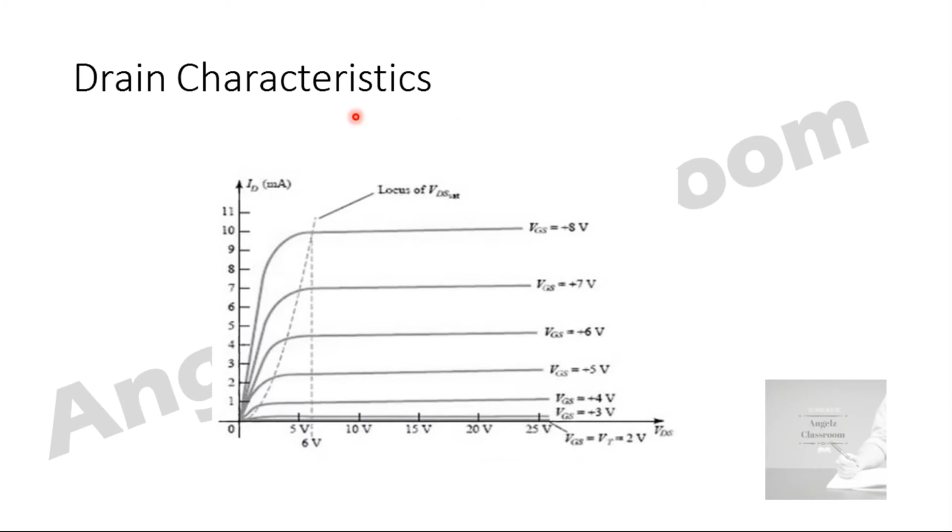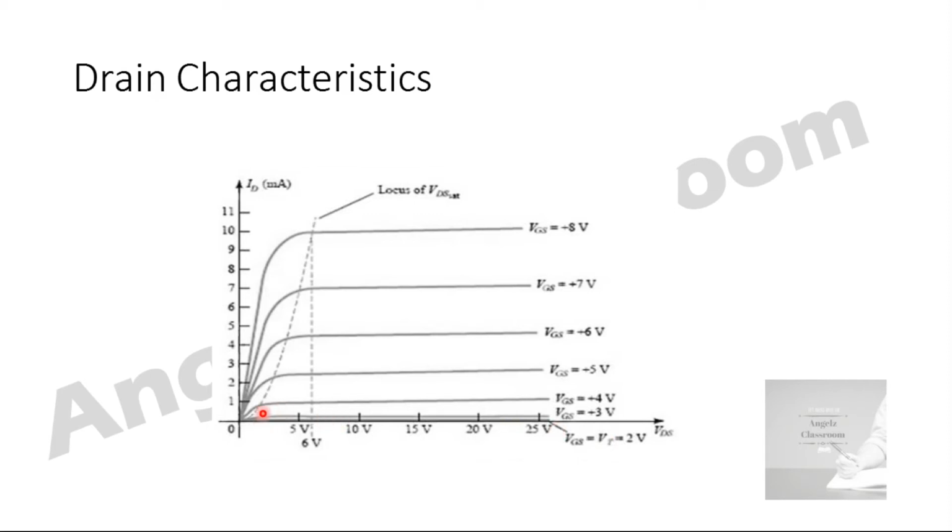And next one is drain characteristics. This drain characteristics is plotted across your VDS and ID, that is drain source voltage and drain current. So see here VGS is equal to VT is equal to 2 volts. VT is your threshold voltage. Threshold voltage is the voltage required to start the conduction in that particular device, right?